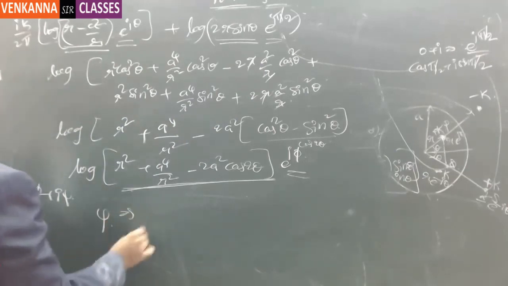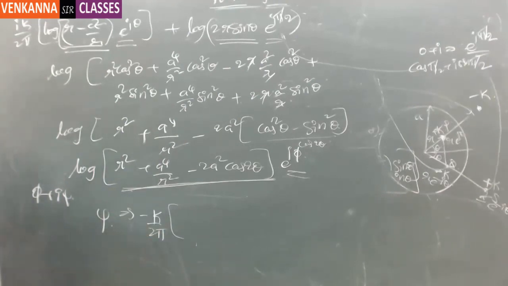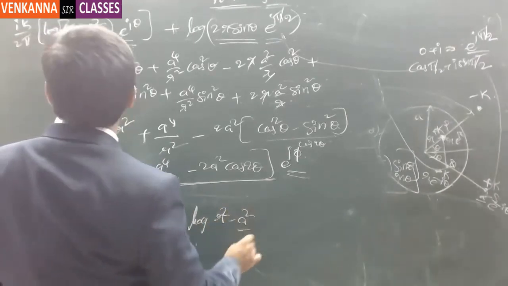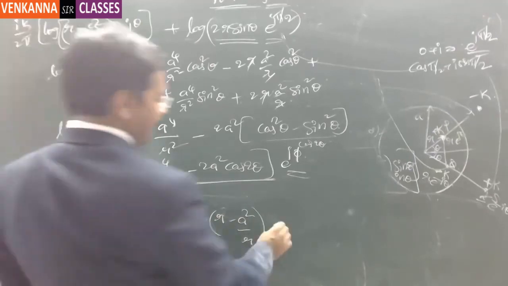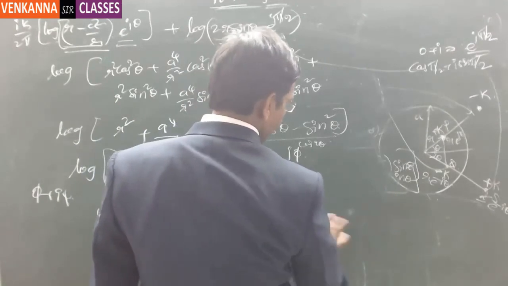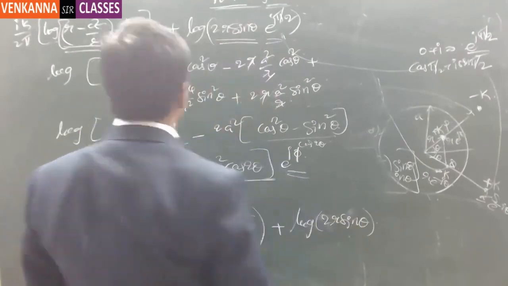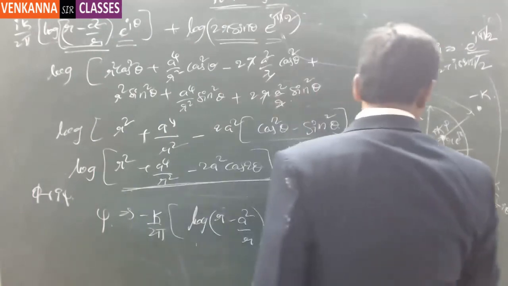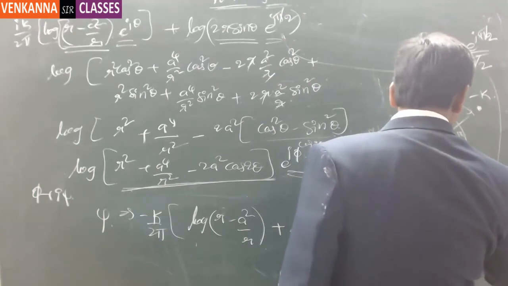That is, this is k by 2 pi, if you take it out, minus k by 2 pi, then this is log of r square minus a square by r, so log of r minus a square by r plus log of sin 2r sin theta minus log of this part, that is r square plus a power 4 by r square minus 2a square cos 2 theta.